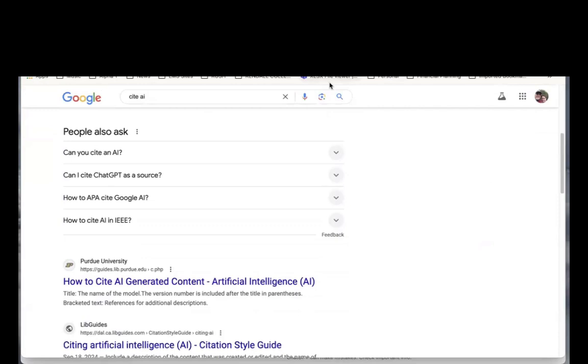If I'm a student and I ask Claude a question or ChatGPT a question and take the answer verbatim and pop it into a paper and send it to my professor, I'm not using AI appropriately. But if I use AI to formulate a response and then critically think about the response and update it with my own perspectives, my own ideas, why wouldn't we want students to do that?